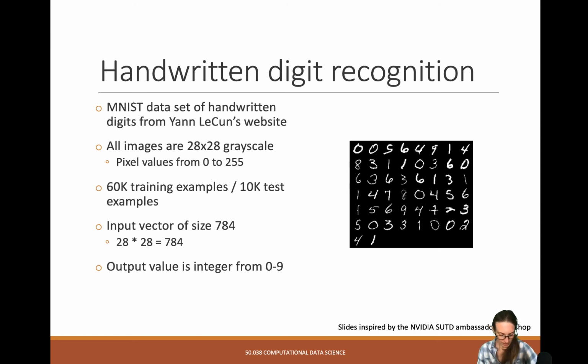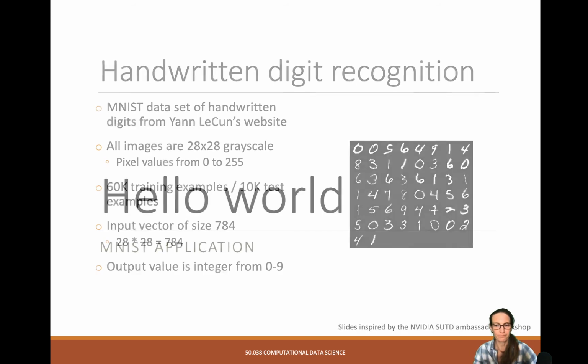Okay, Yann LeCun created this dataset, and they're 28 by 28 grayscale images with pixel values from 0 to 255. The dataset is 60,000 training examples and 10K test samples. Okay, so quite a small dataset. And the output, obviously, is an integer from 0 to 9, the number.